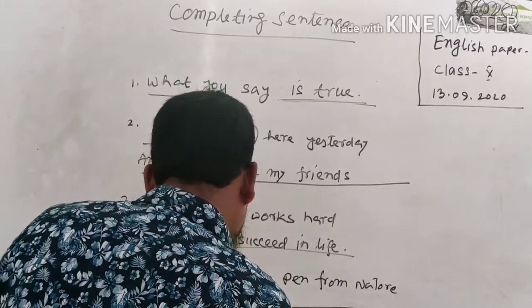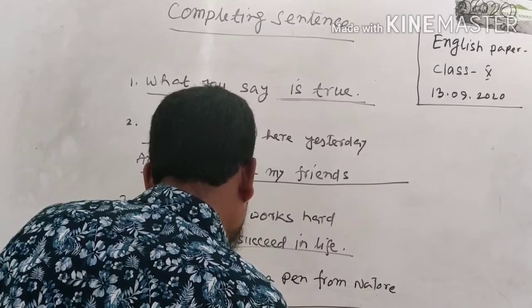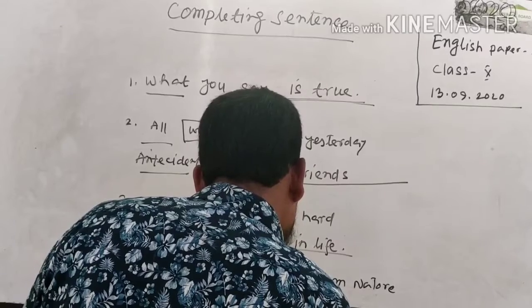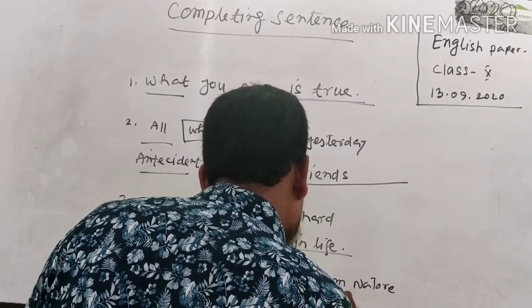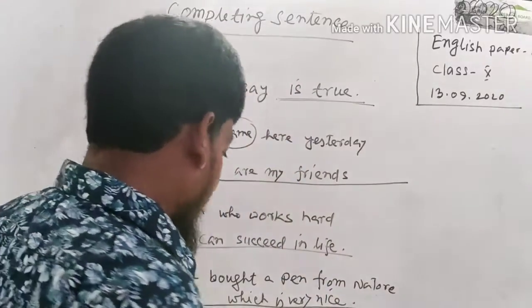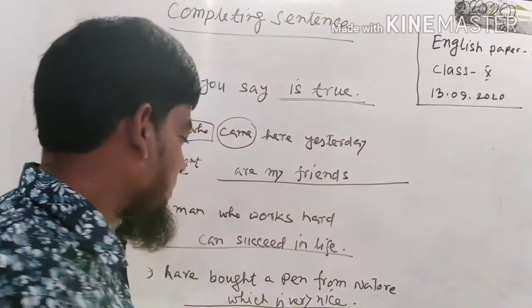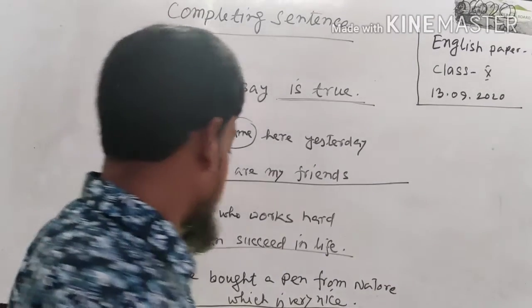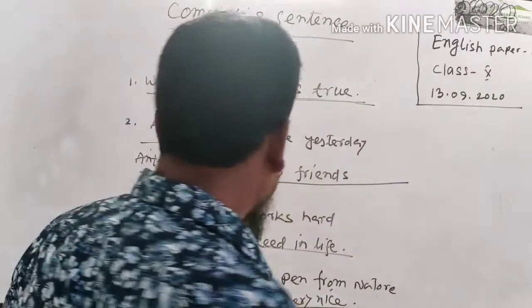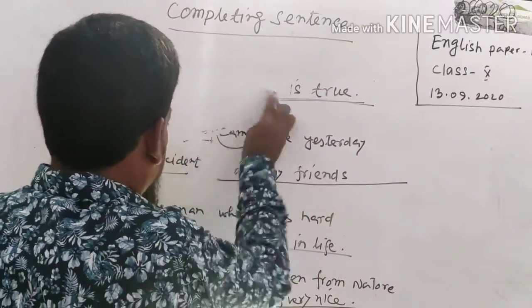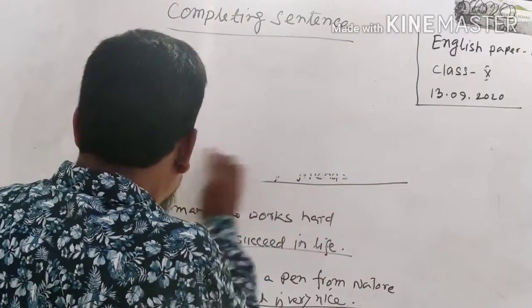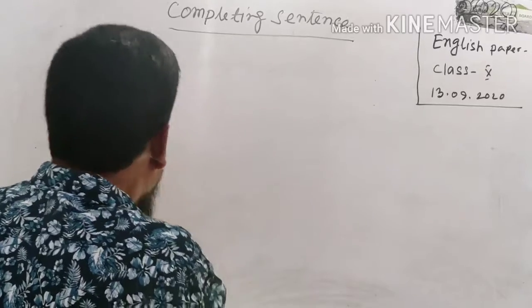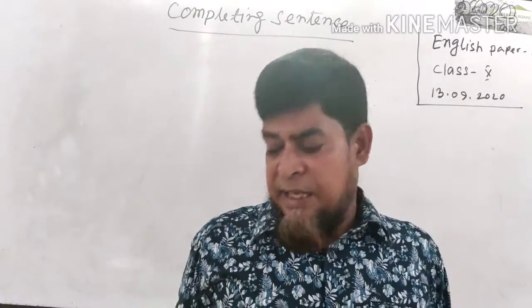The answer will be which is very nice. Okay? I have bought a pen from Natore, which is very nice. My dear students, I think you have understood how to use relative pronoun to complete any sentences.